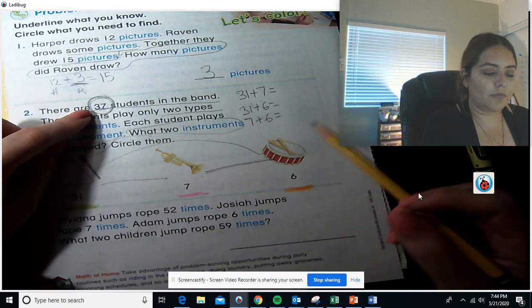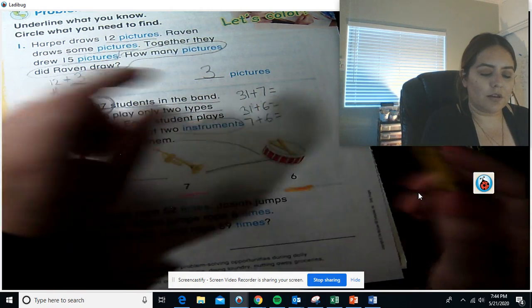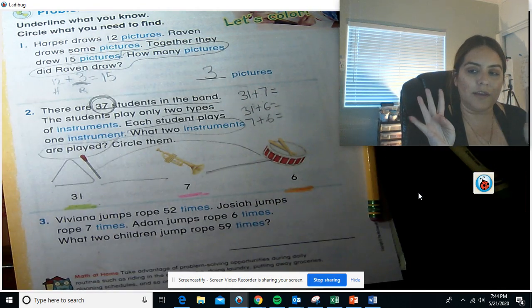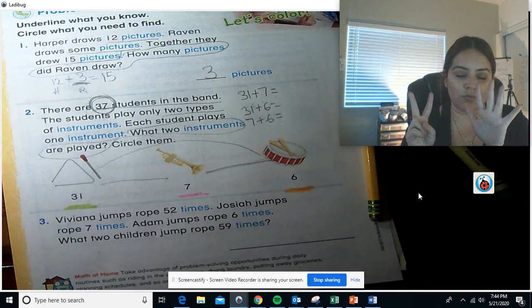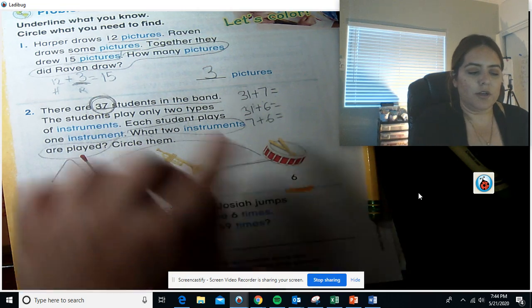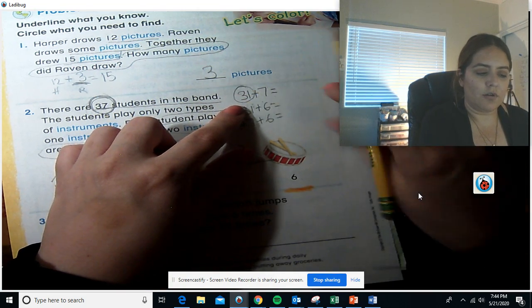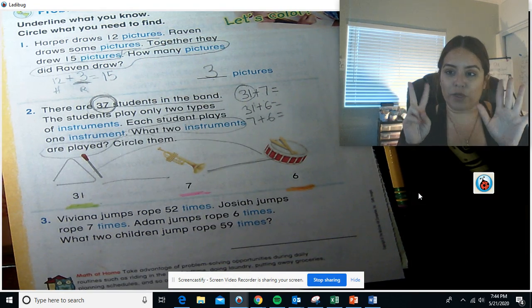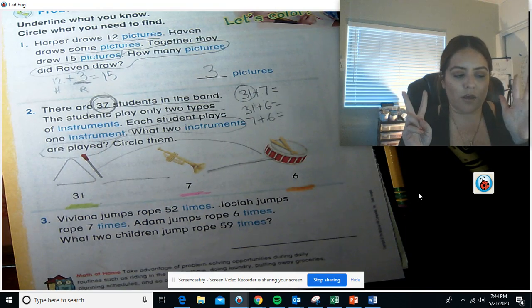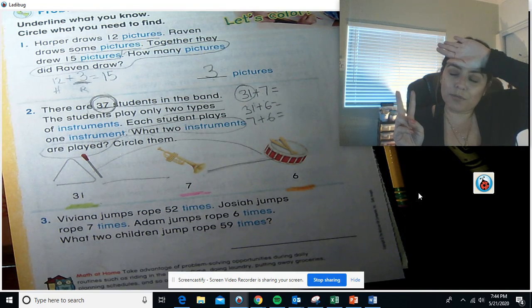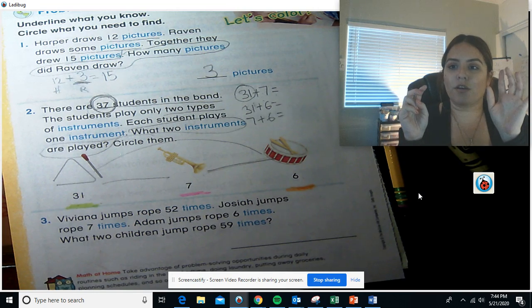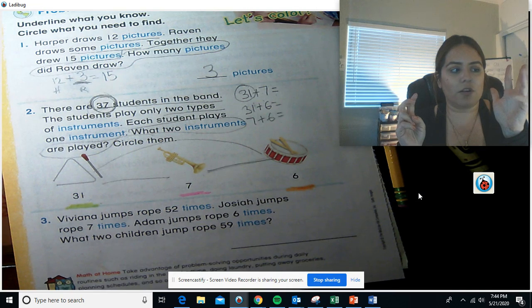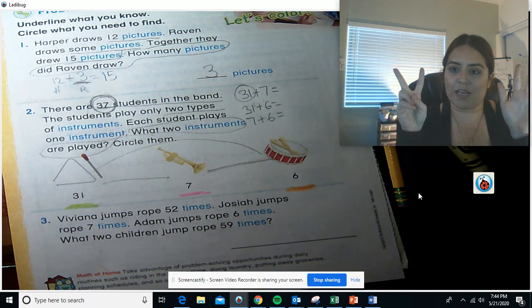Okay. So 31 plus 7. Let's try counting on. Okay, show me 7 fingers. So we're going to put 31, the big number, in our head. And then we're going to add these. Okay? 31's in my head. 31, 32, 33, 34, 35, 36, 37, 38.